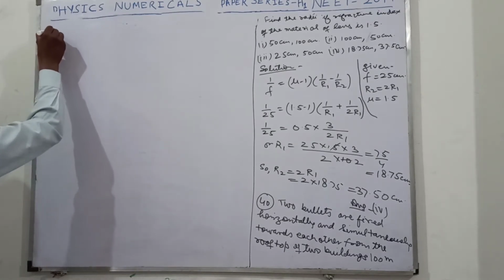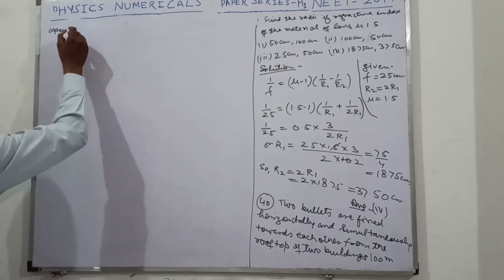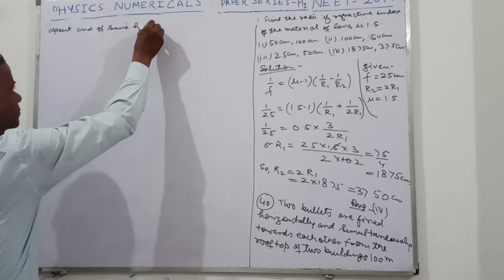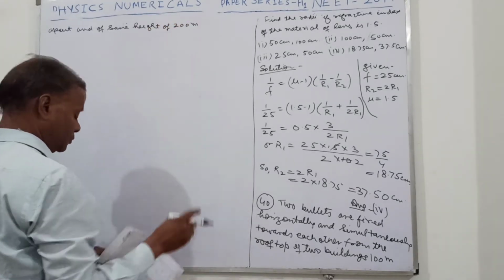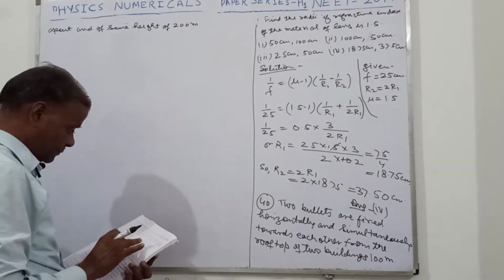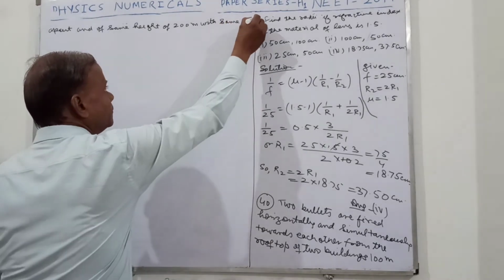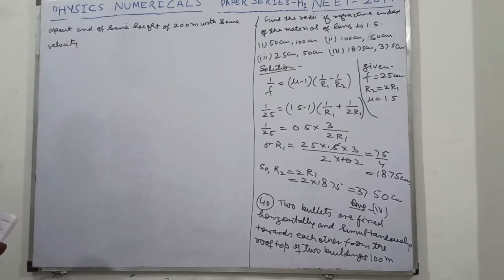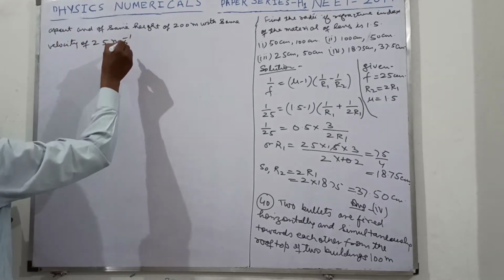Apart, and of same height, same height of 200 meter, with same velocity of 25 meter per second.